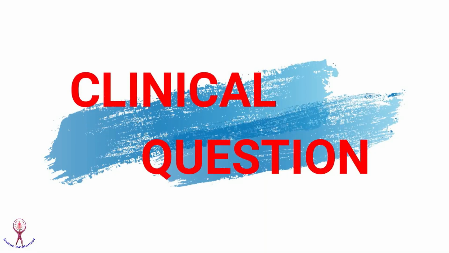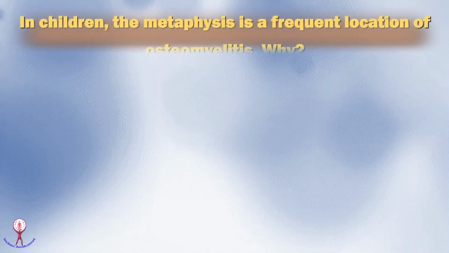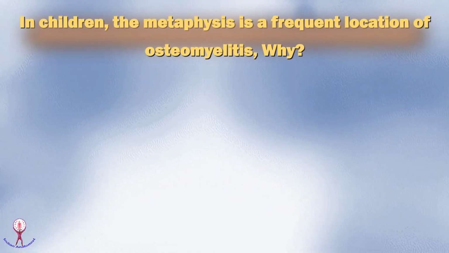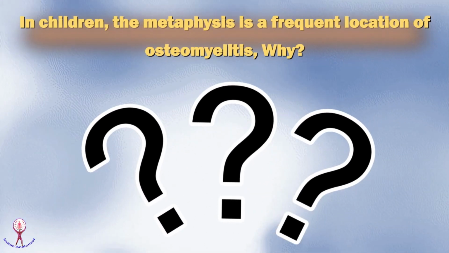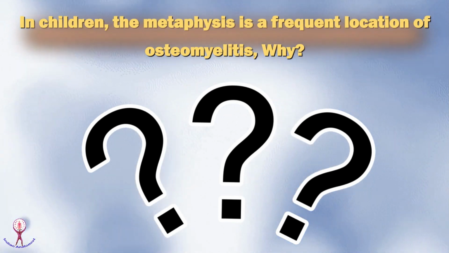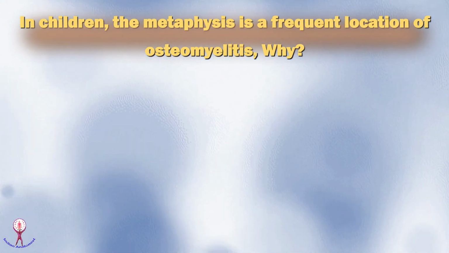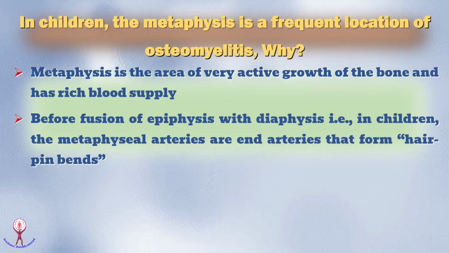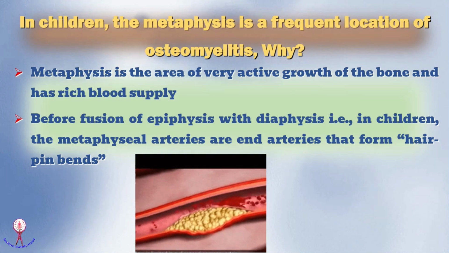Dear students, one clinical question to you all, related to blood supply of long bone. The question is, in children, the metaphysis is a frequent location of osteomyelitis. Why? Osteomyelitis means inflammation or infection of bone. Metaphysis is the area of very active growth of the long bone and has rich blood supply.